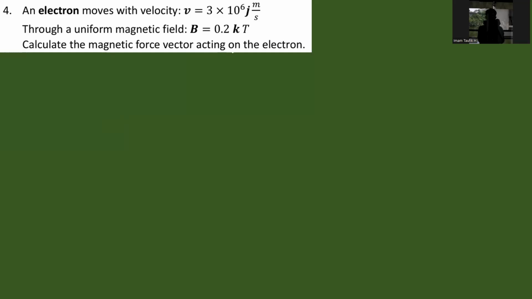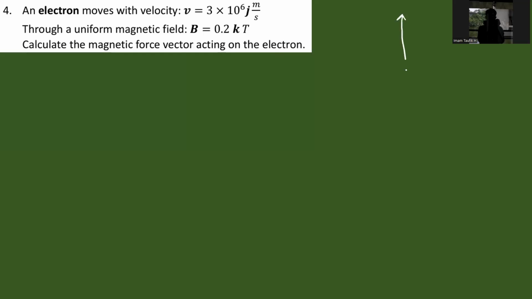Calculate the magnetic force vector acting on the electron. Firstly, because there are vectors here, we have to define the answer using the vector concept also. Let's remember first the concept of vectors.